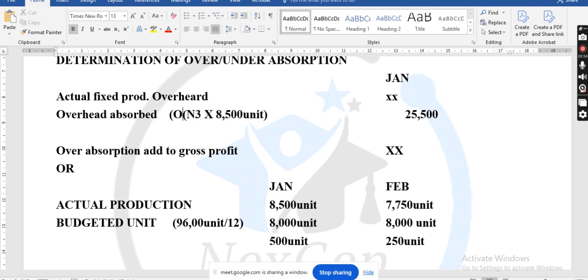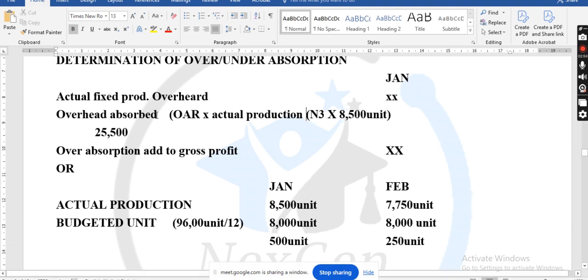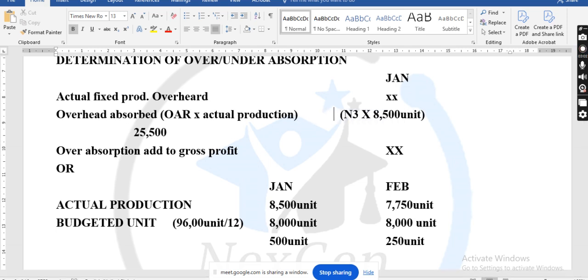Overhead absorbed is calculated as OAR, overhead absorption rate, times the actual production. When your overhead absorbed is greater than the actual overhead, it becomes an over absorption, while the reverse is the case for under absorption.